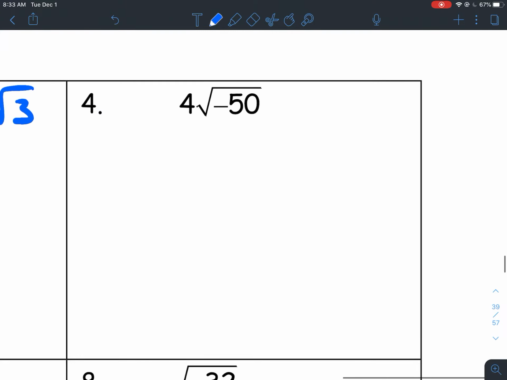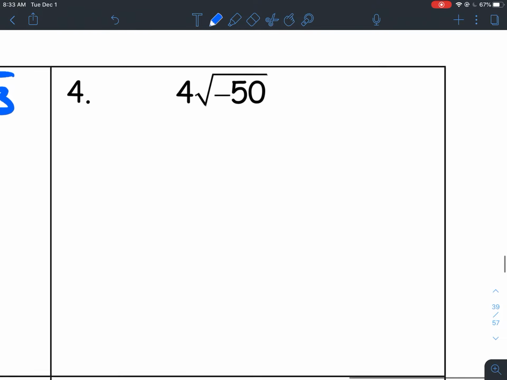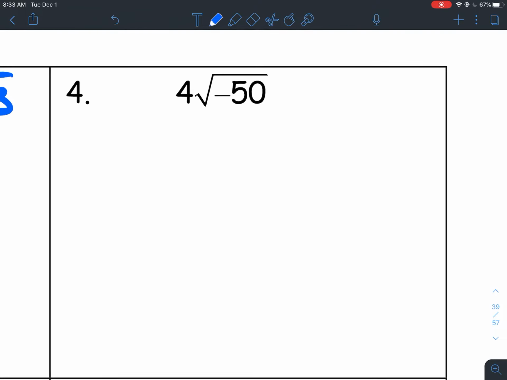Now let's try number 4. Again, we're throwing a negative number in there. So let's go ahead. We're going to break 50 apart. We need to keep our 4 out in front. So of course we're going to need a -1. And then we're going to want to break the 50 down using our perfect square sheet. If you look at your perfect square sheet, you'll see that 25 and 2 are going to be useful.